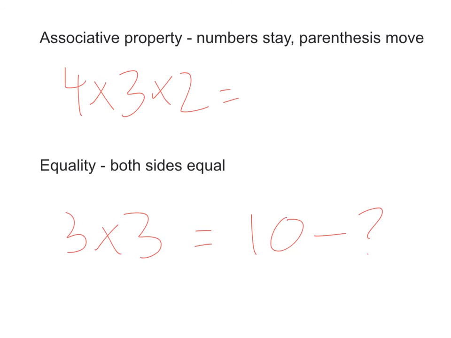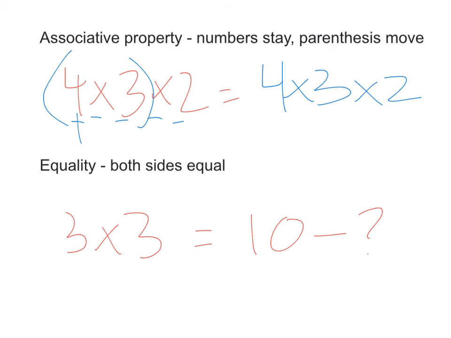And then finally, we have the associative property and equality. Associative property, as you know, the numbers stay the same, but the parentheses move. So if we have 4 times 3 times 2 on one side, and we have parentheses here, we have 4 times 3 times 2. The numbers stay the same no matter what, but all that moves is the parentheses.